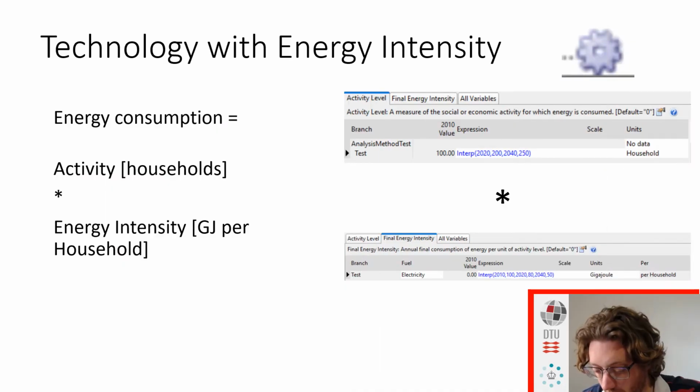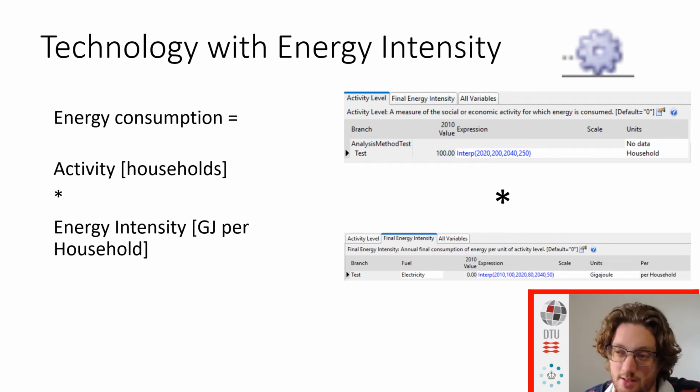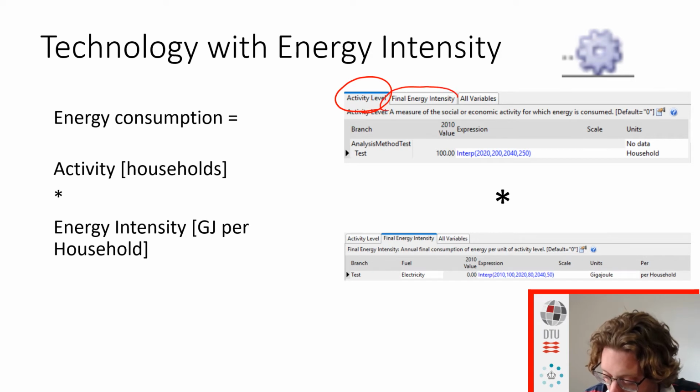So the simplest form, technology with energy intensity, is that the energy consumption is equal to the activity, in this example households, times the energy intensity, which is gigajoules per household, for instance, for heating, for cooling, for cooking, etc. So in this little example, you can see I have my 2 parameters: I have the activity level, and I have my final energy intensity.